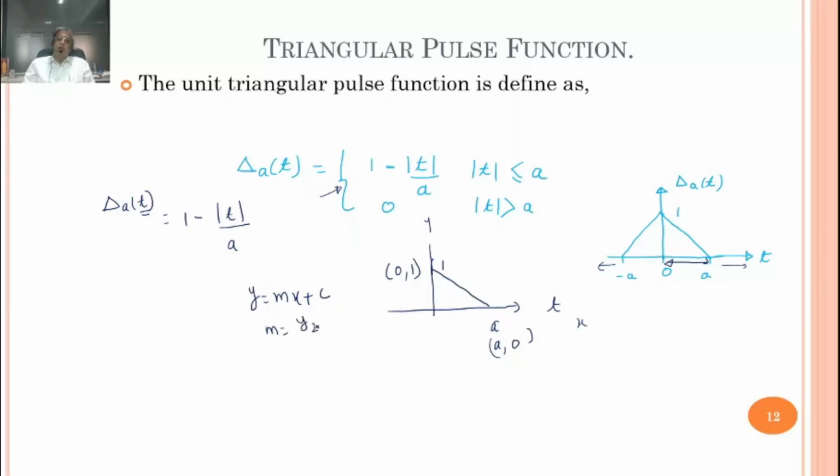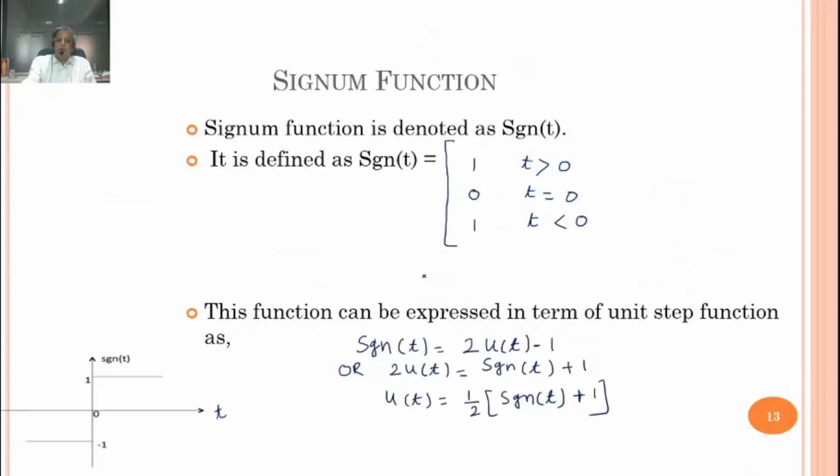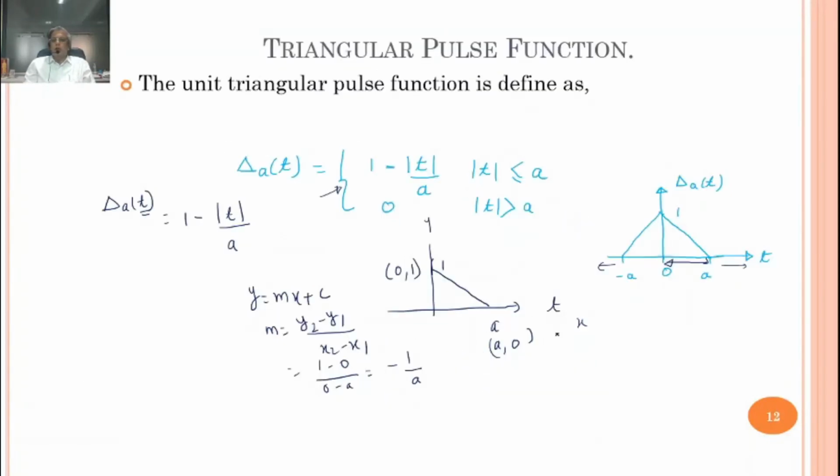Then m is y2 minus y1 divided by x2 minus x1, which is 1 minus 0 divided by 0 minus a, so the slope of this line is minus 1 by a. By observing, the intercept is 1, or you can find it by substituting x equal to a and y equal to 0, and we get the same value for c.